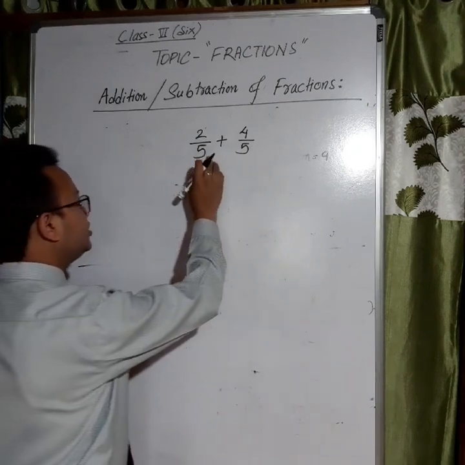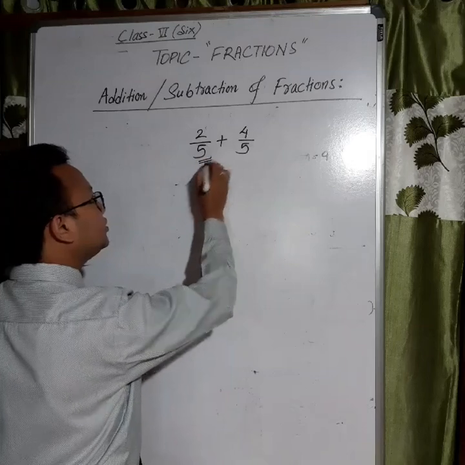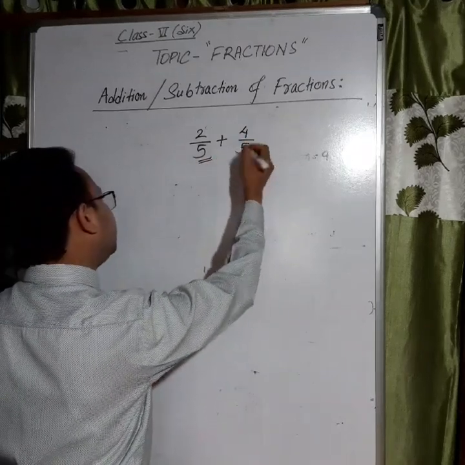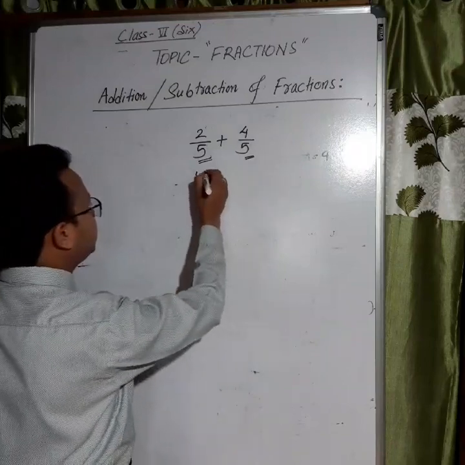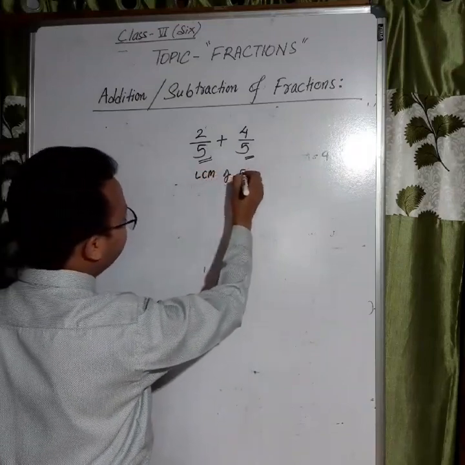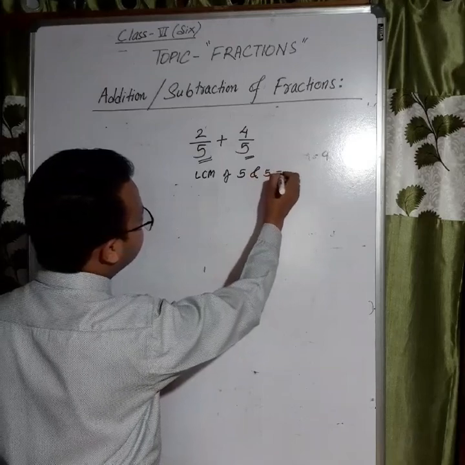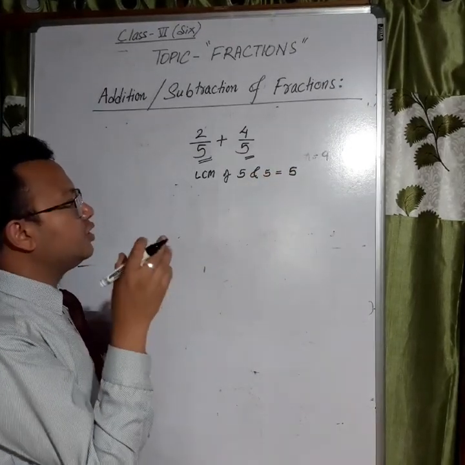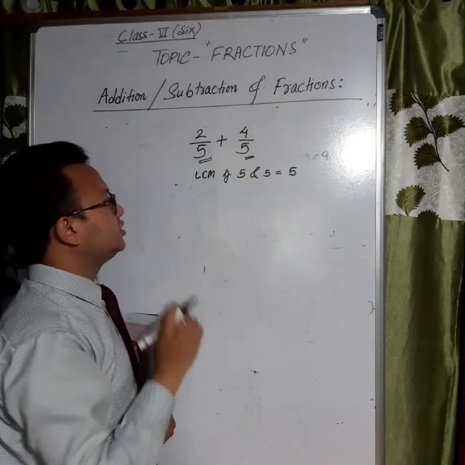What is the denominator here? It is 5. And what is the denominator in the other fraction? That is 5. So the LCM of 5 and 5 will be 5 because they have the same, or common, denominator.